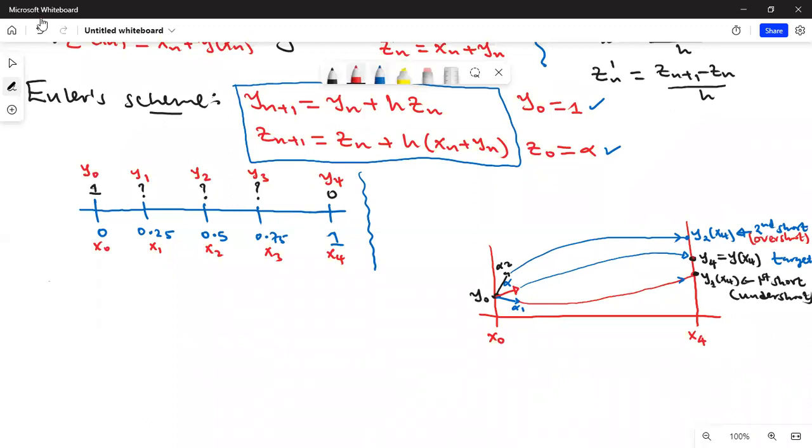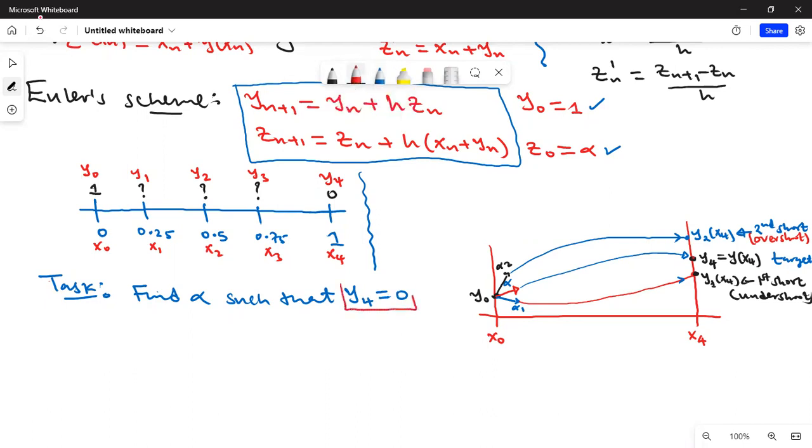So you can write here that the task is to find alpha such that y of x4, which is equal to y of 1, will give us 0. Let me just write such that y4, y of x4, which is y4, should be able to give us 0 because it is the target.